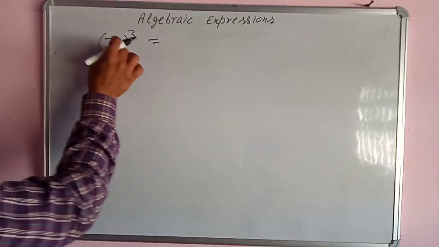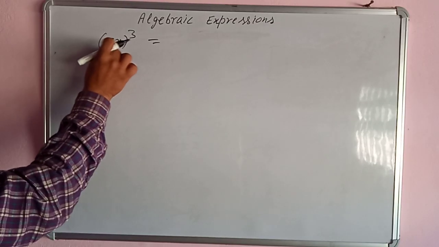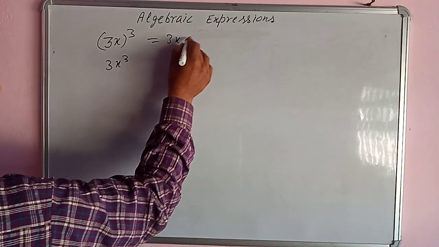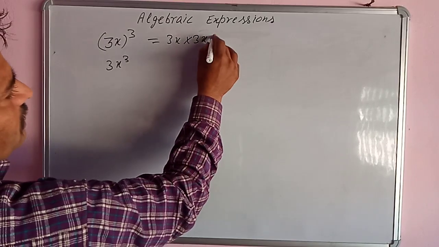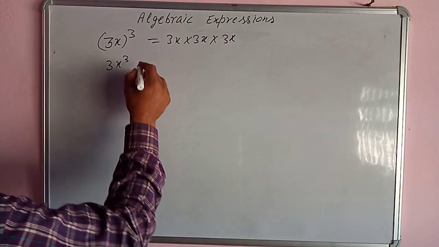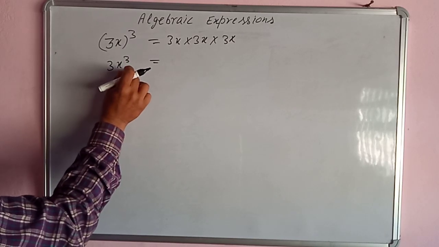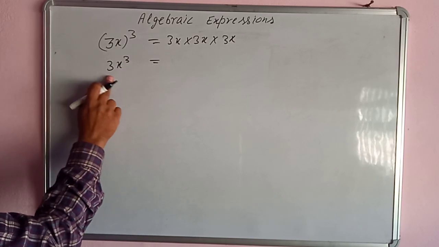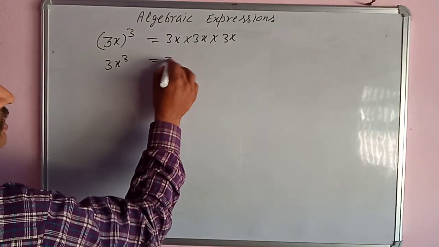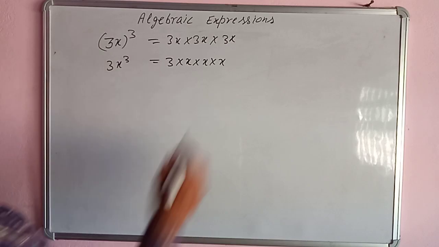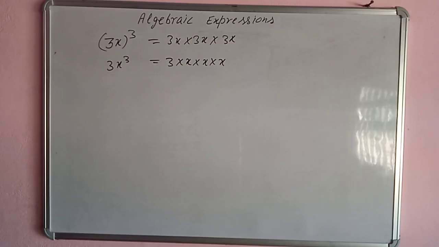It means 3 raised to power 3 and x raised to power 3, so it is 3x multiplied by 3x multiplied by 3x. And here is 3x cube: the power of x is 3 and the power of 3 is only 1. So it is 3 multiplied by x multiplied by x multiplied by x. That is the difference between these two.